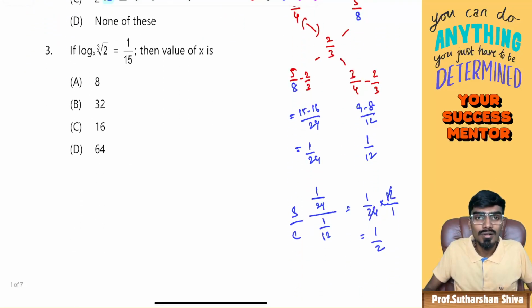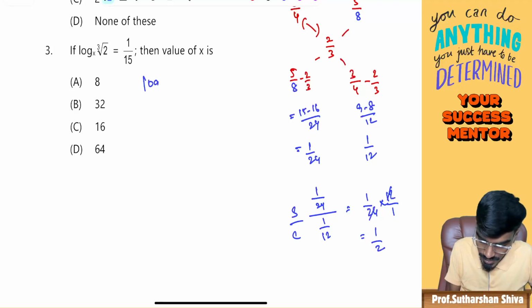If log cube root of 2 to the base x is equal to 1 by 15. How can I write this as log 2 power 1 by 3 to the base x equal to 1 by 15.